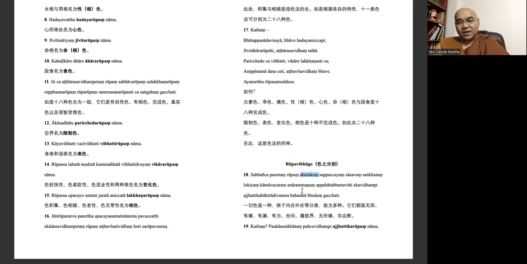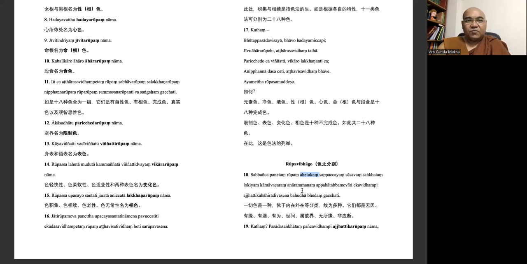Loba is greed, dosa is hatred, moha is delusion. So aloba, adosa, amoha are no greed, no hatred, no delusion. So these are 6 roots. Whatever happens in our mind is driven by these roots.